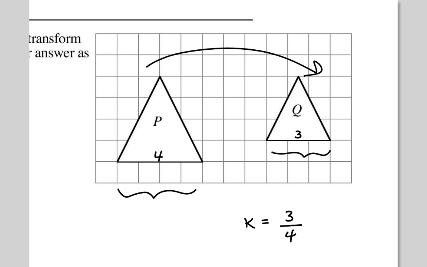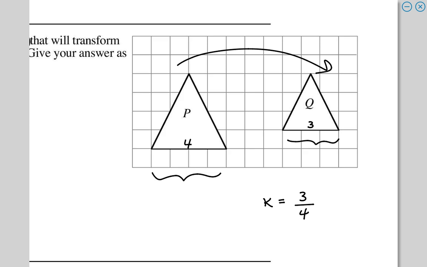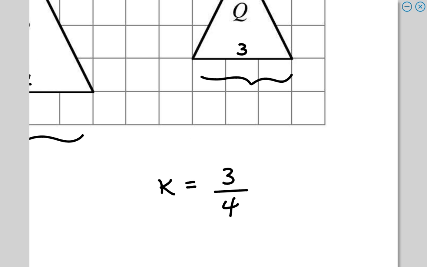Remember, that's the new one to the old one, or model to original. So I'll put those notations in there. This is new. This is old. The new one over the old one. Put 3 divided by 4 in your calculator. You could probably do that in your head. 3/4. How much money is that?